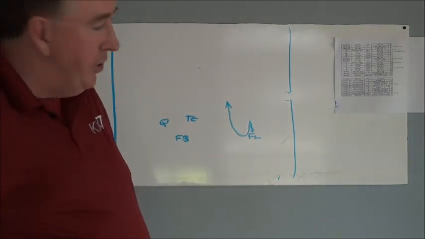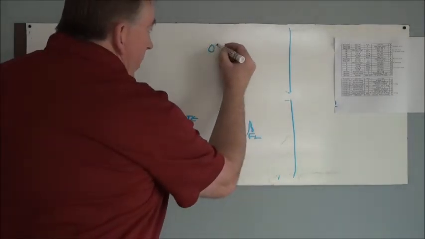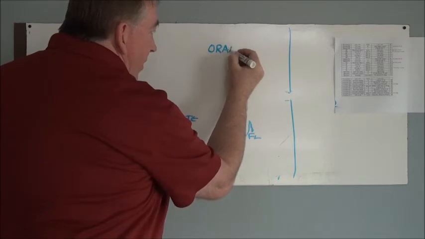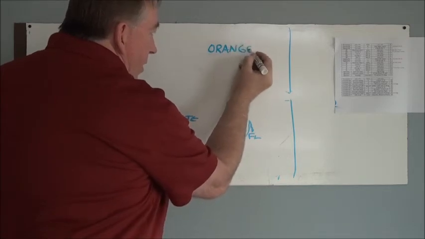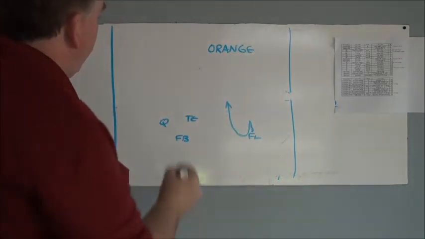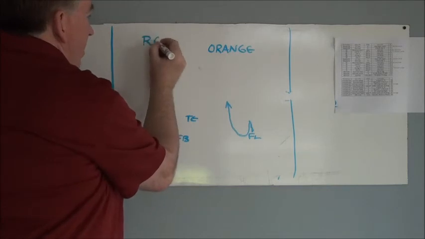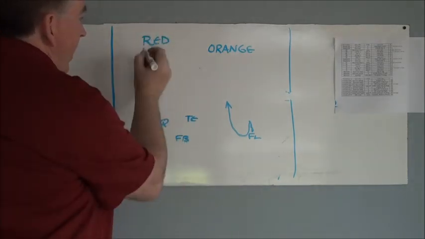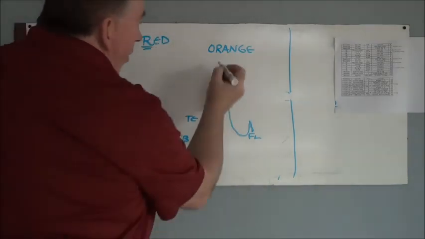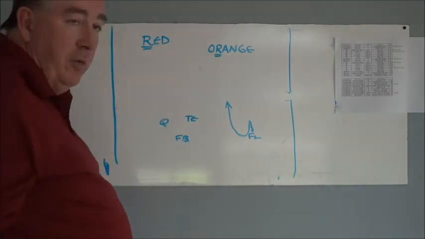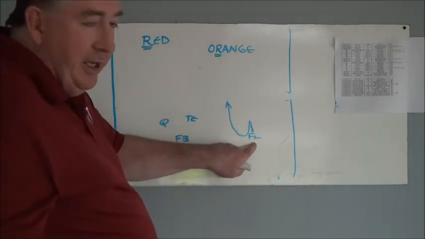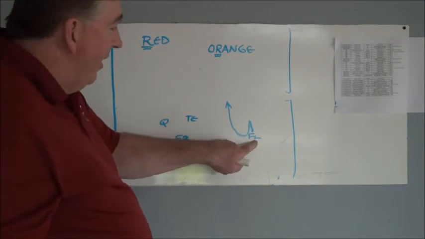This would be orange, longer word to the right. So we've got a red call, red for strength. So tight end is to the right. And we've got orange, longer word, which is to the widest out, which is the flanker.